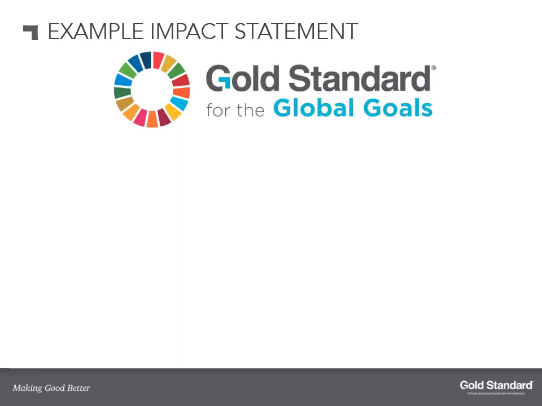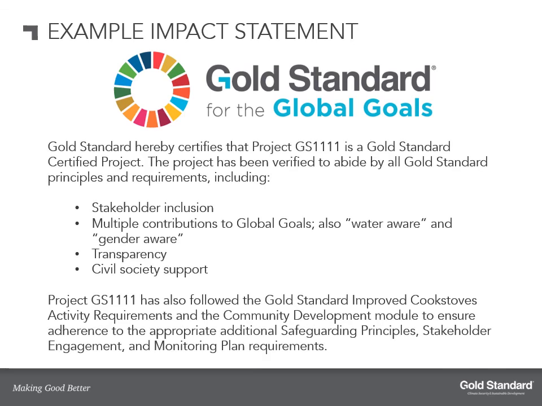Let's now step through the fundamentals of an impact statement that will be issued to a project following performance certification. We're introducing standardized language that allows projects to communicate about what they have achieved following performance certification.